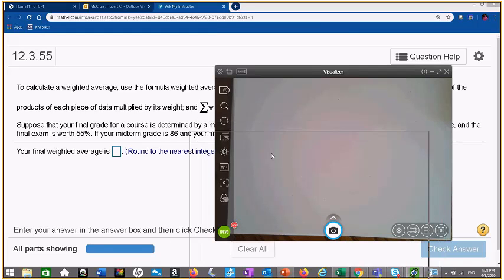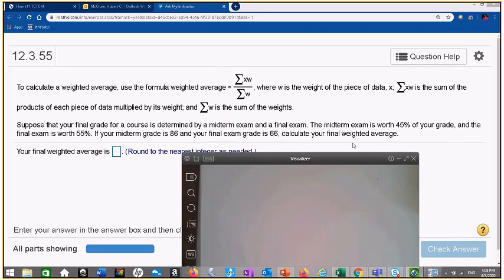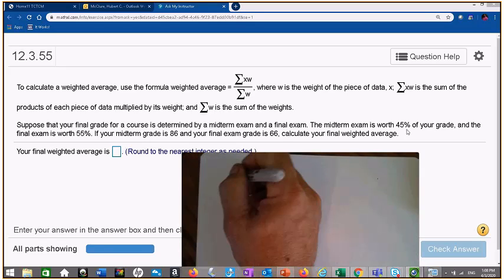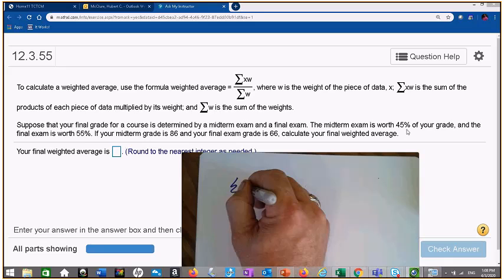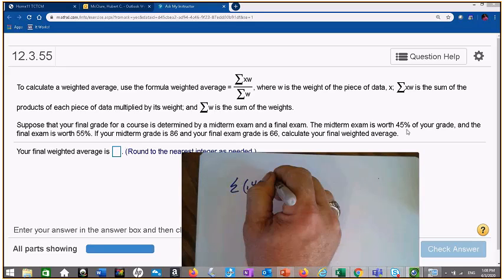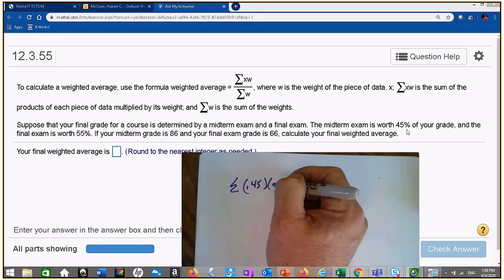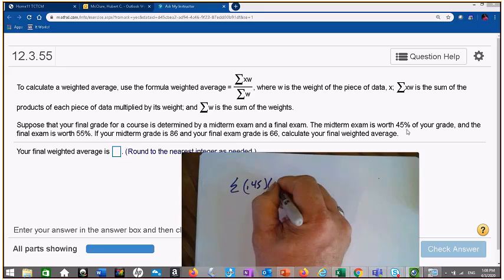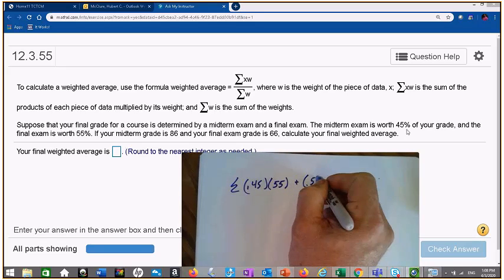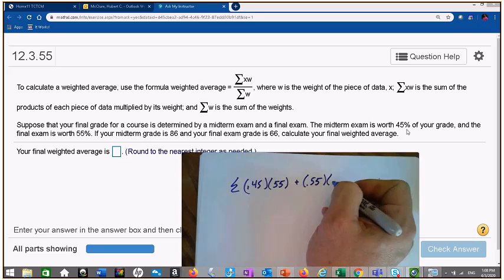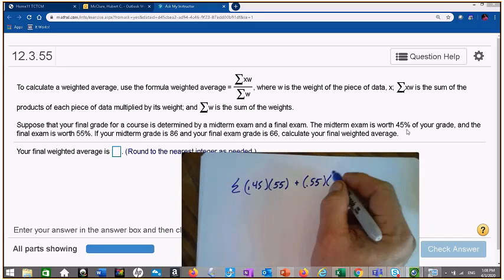It says the exam is worth 45% of your grade, so that's going to be the summation of 0.45 times 55 plus 0.55 times, no, 66.